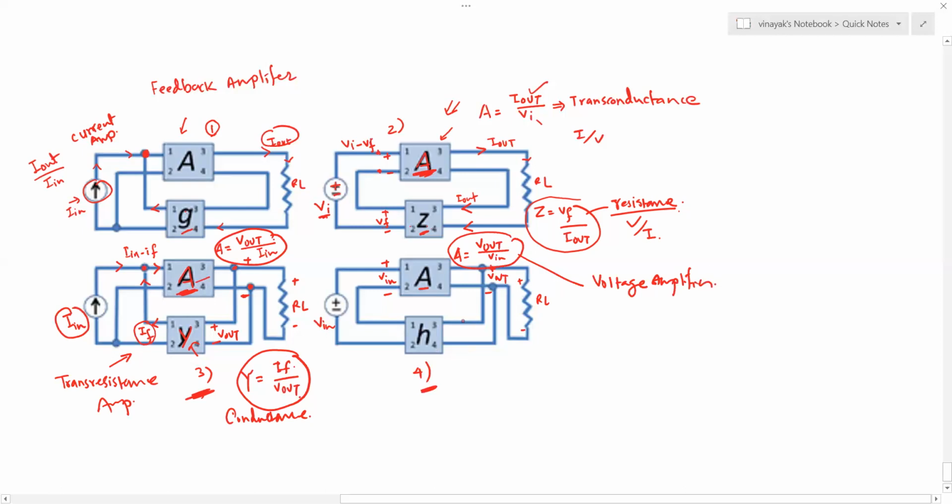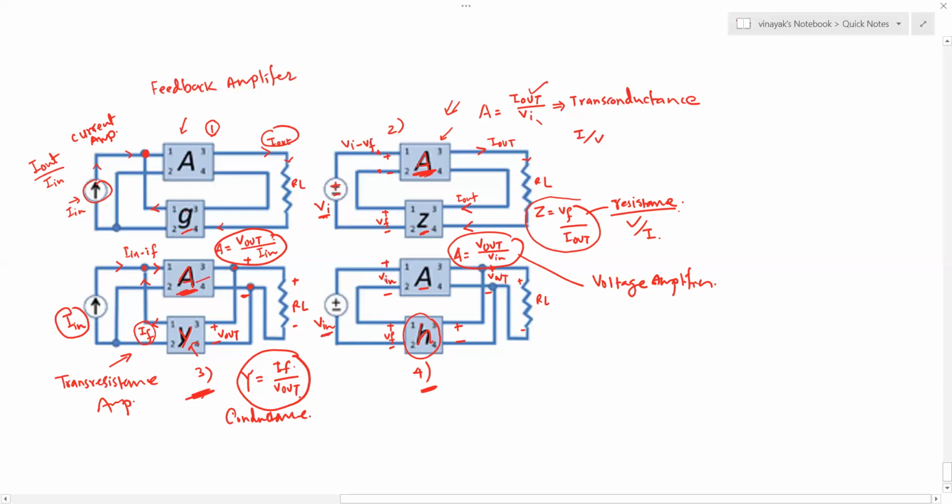That voltage becomes an input to this feedback network indicated by the block H, and the output of it is Vf, which is then subtracted from the input voltage V in.